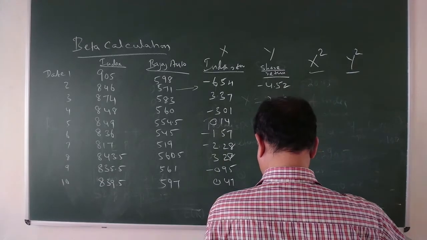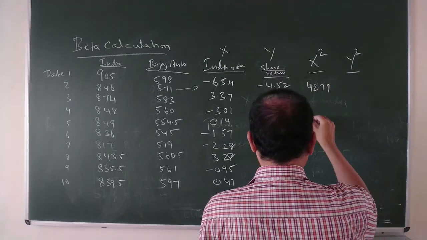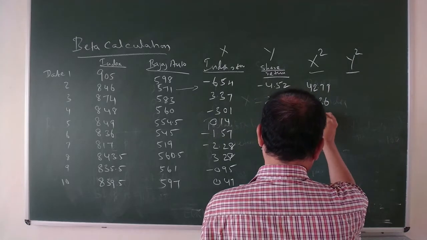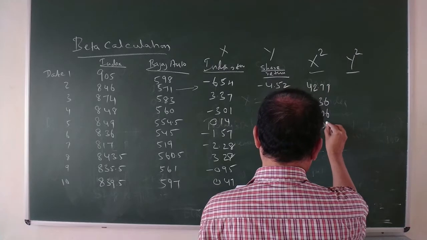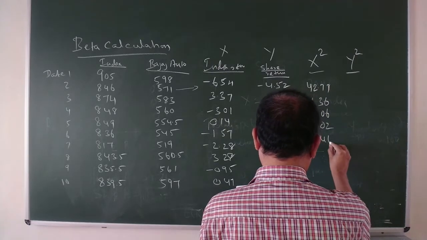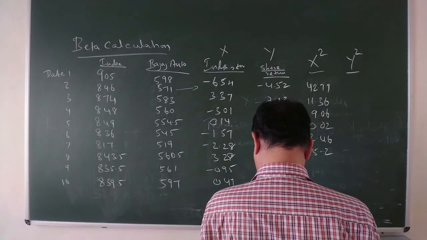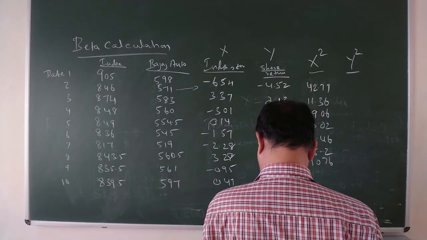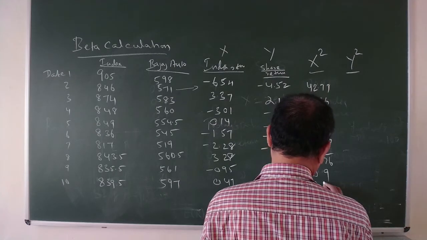So, x square would be 42.77, 11.36, 9.06, 0.02, 2.46, 5.2, 10.76, 0.9, 0.22.